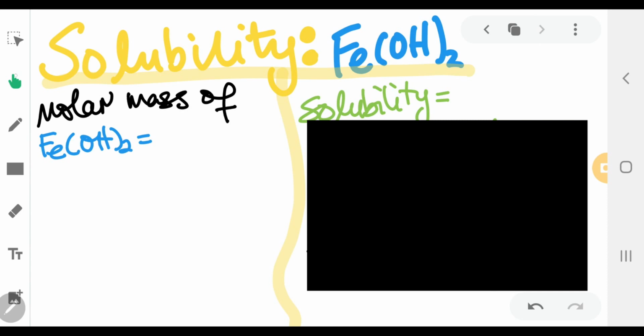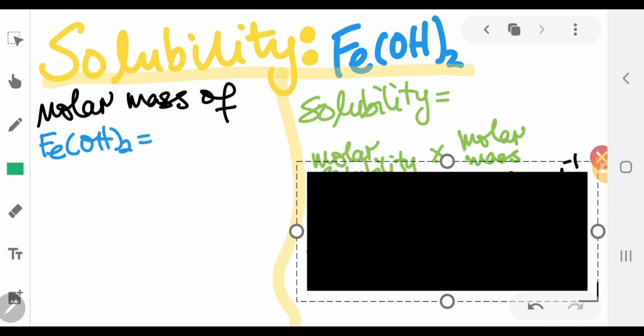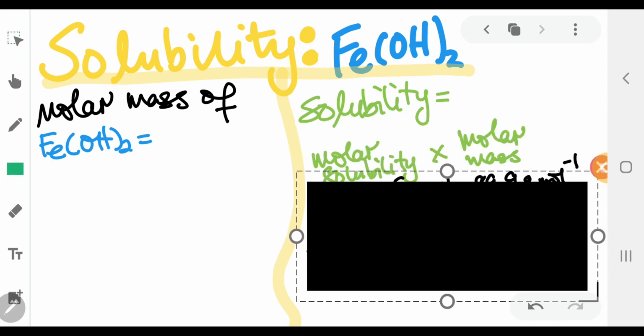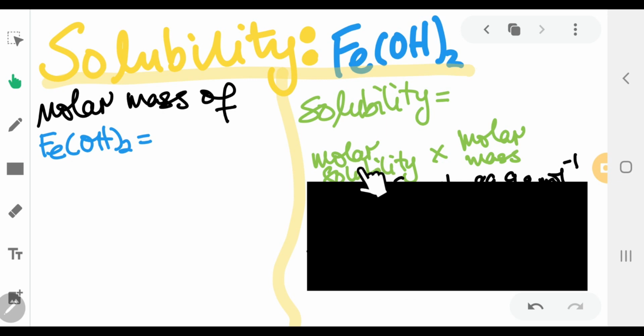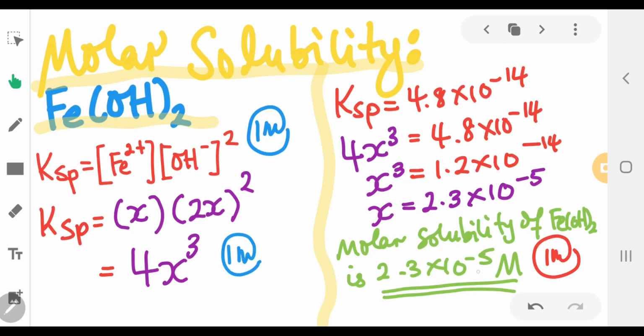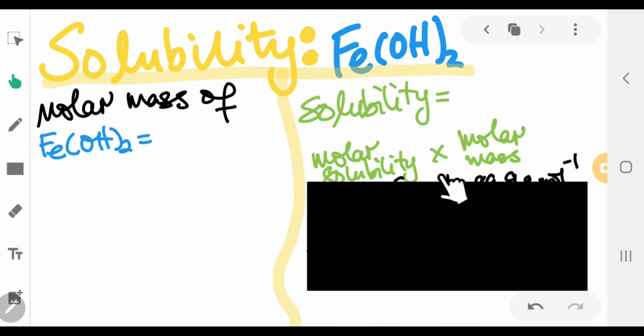To find the solubility, first we need to find out the molar mass of Fe(OH)2, because we know that the formula is as such. So that is the formula: the molar solubility that we have found out here, we would be multiplying with the molar mass. And when you get the molar mass in this step, you should be able to solve for solubility.